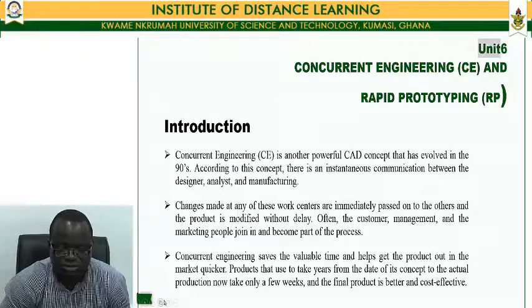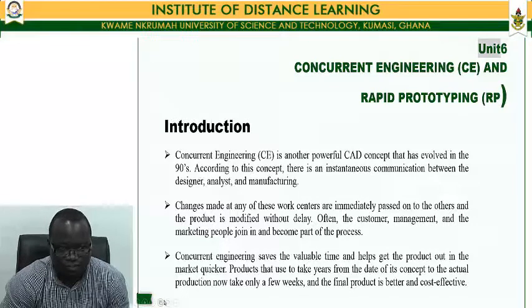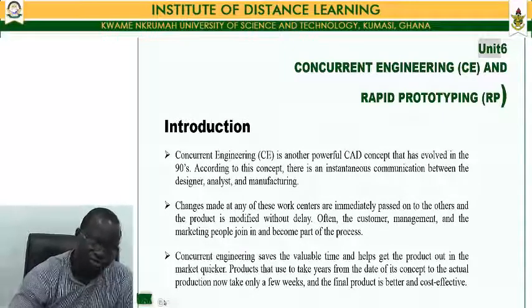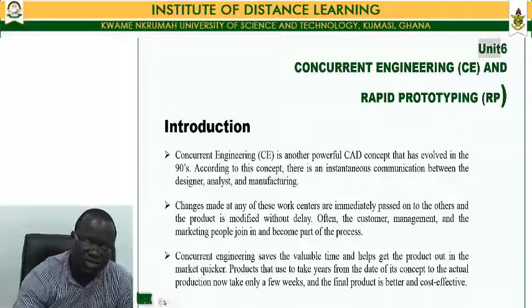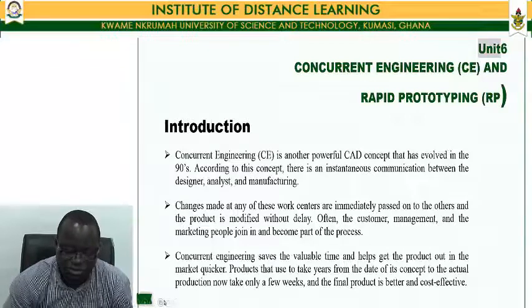They are also able to ensure that products that could take years from concept to actual manufacturing now take a couple of weeks, and sometimes maybe a few weeks or a couple of months. Now, also because there is that communication between these bodies that are involved in the manufacturing process, the product becomes better and cost effective.